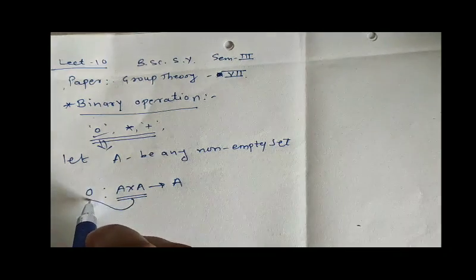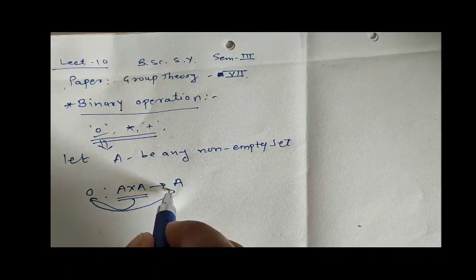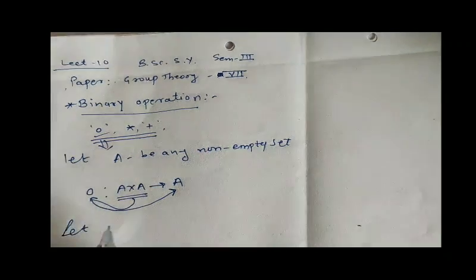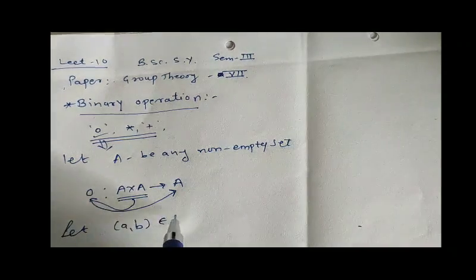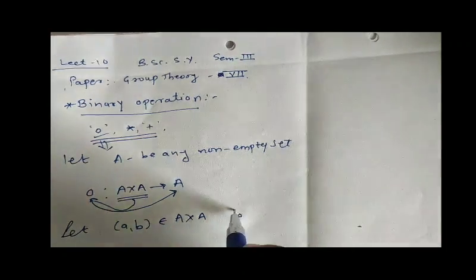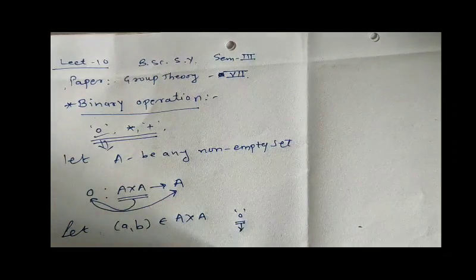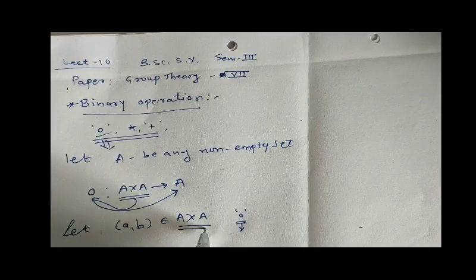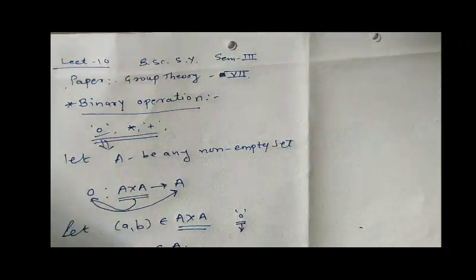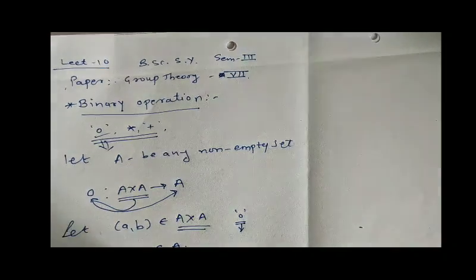So after applying this binary operation on that set, the Cartesian product, we again get a single element, and that also belongs to A. That means let a and b be any element of A cross A. Applying this binary operation dot on this A cross A, we get some element c, which belongs to A.